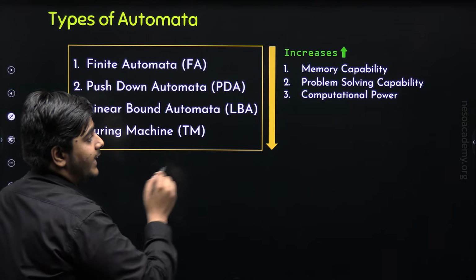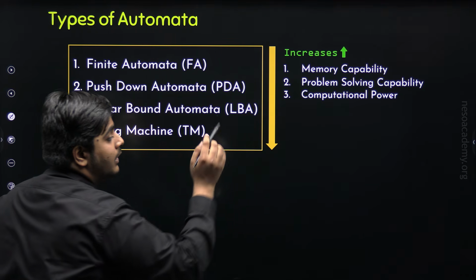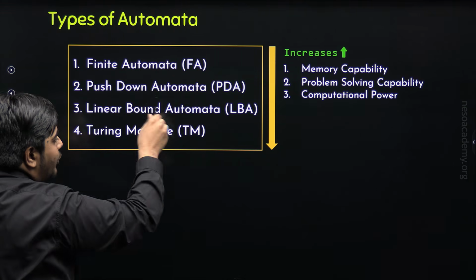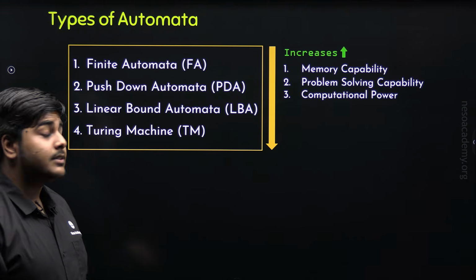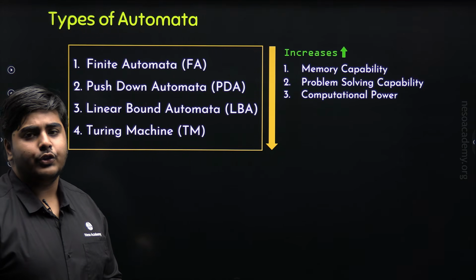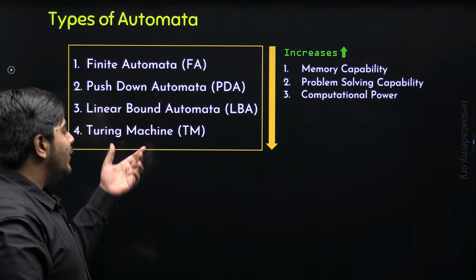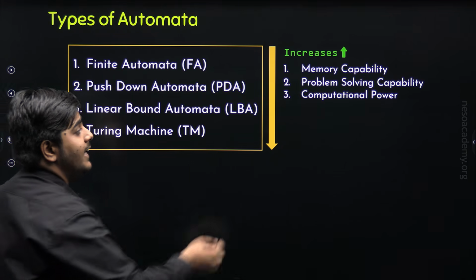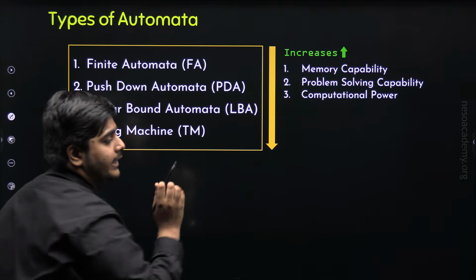So the first property is memory capability. Memory capability increases as we move from top to bottom. That means finite automata has a very limited or small amount of memory, while Turing machine has infinite amount of memory.